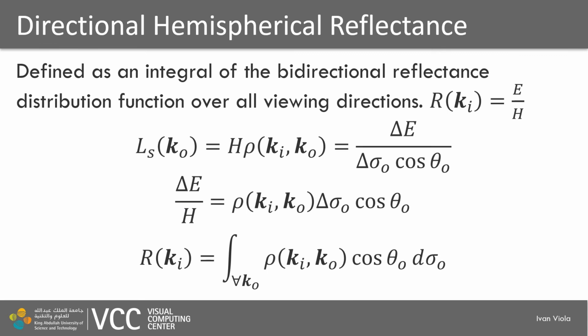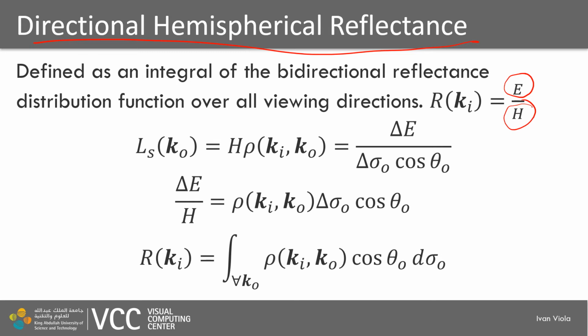This leads us to another measure: the ratio of how much of the incoming light energy has been reflected back, and how much has been absorbed or transformed into other forms of energy. This is described by the directional hemispherical reflectance. This measure is defined as the radiant excitance, which is the complement to the irradiance, divided by the irradiance.